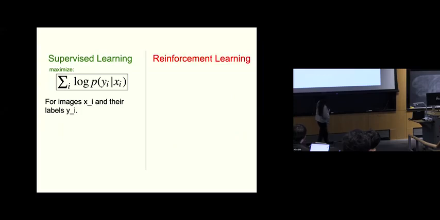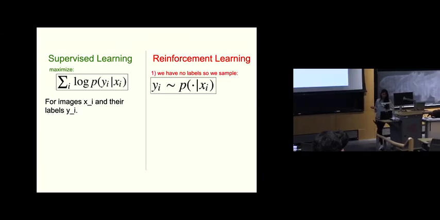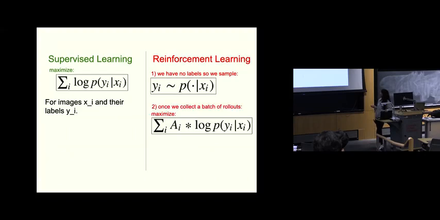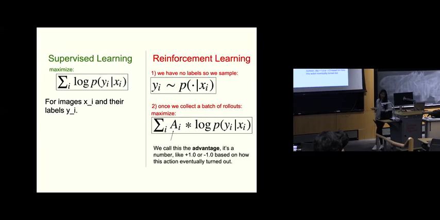Okay, so here is supervised learning and reinforcement learning side by side. All right. And in reinforcement learning, we actually do not have labels. So basically, we have to sample them from our current policy. And once we collect a bunch of trajectories, then we will maximize these terms as we saw, okay? And A_i is the advantage.